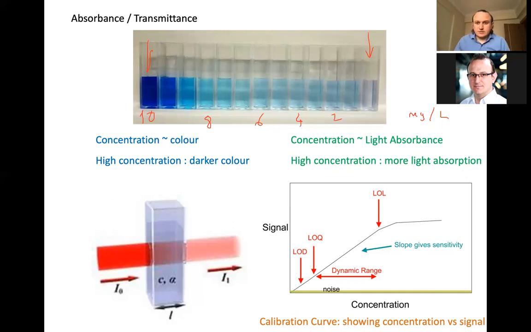So what we see is with the increasing of concentration of material in our sample, the color is getting darker. And that was the change we can observe and determine the concentration by light-matter interaction, which was absorption transmittance.